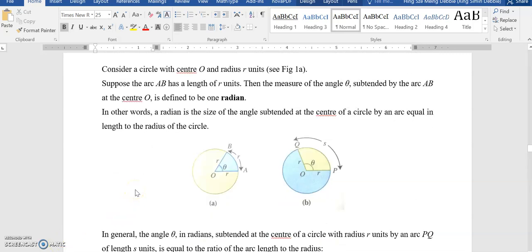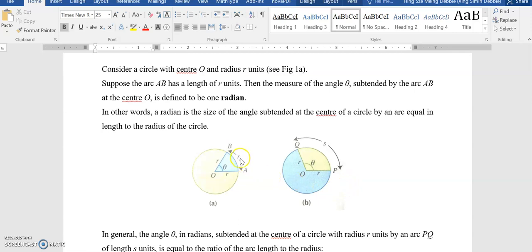In the earlier part of the SLS module, you would have seen visually how the radius, the arc, and the angle in the center are related in radians. In general, the angle theta in radians is subtended at the center of the circle with radius r and by the arc AB in this case, or PQ in this case.